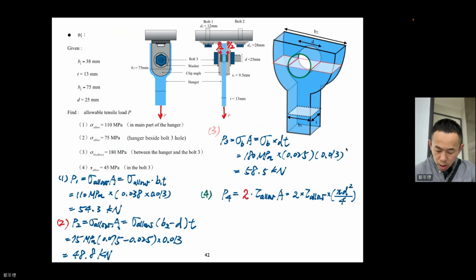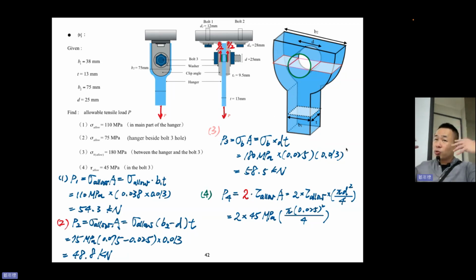Sometimes students ask me why I need to learn mechanics of materials. Actually, I cannot provide you a good answer, the reason to study this subject. But don't you think this is difficult? I think this is really difficult. But when you overcome this, it will train your mind to become smarter.